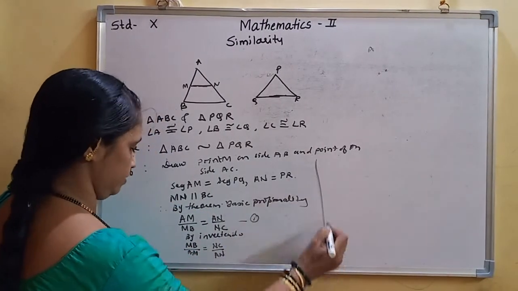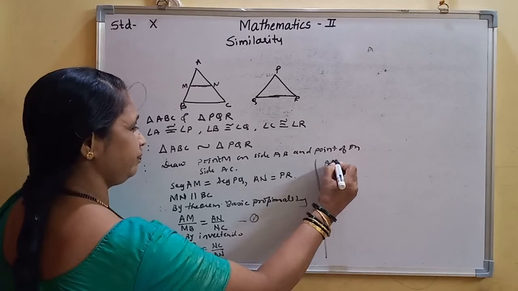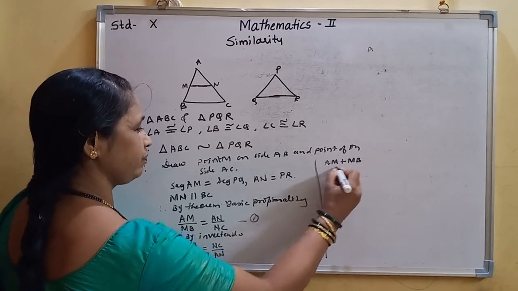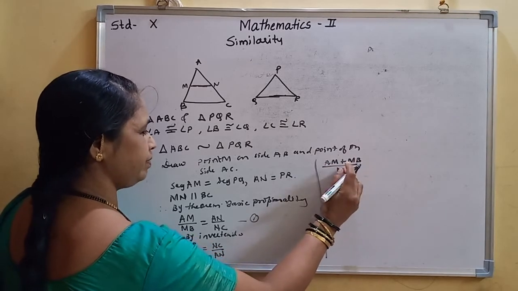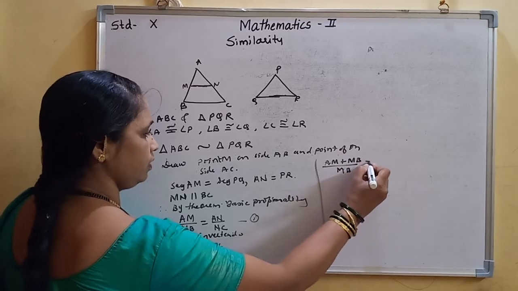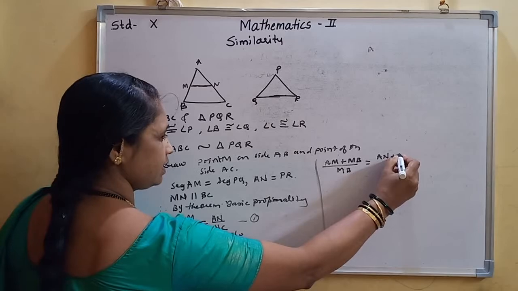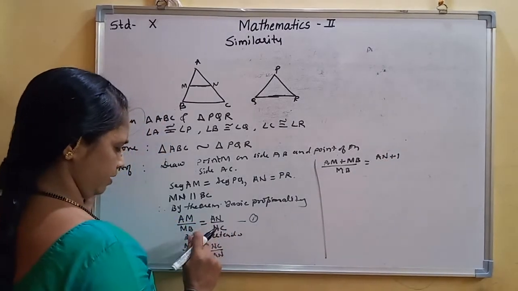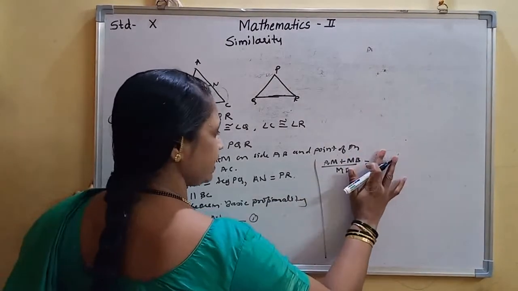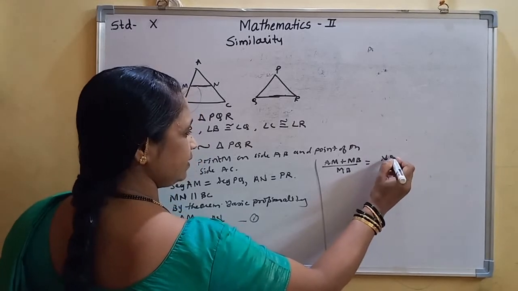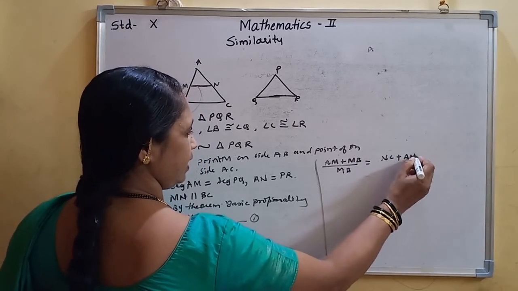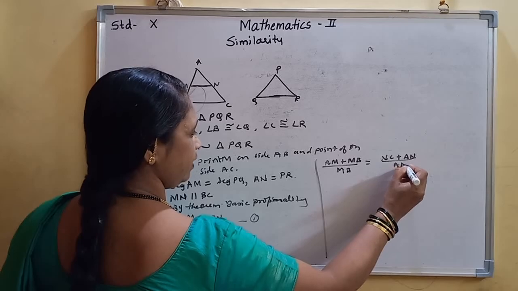Componendo means by adding. So AM plus MB upon MB is equal to AN plus NC upon AN.